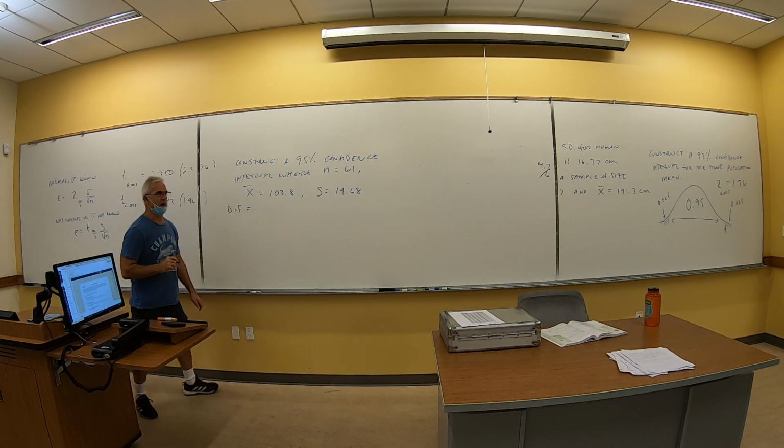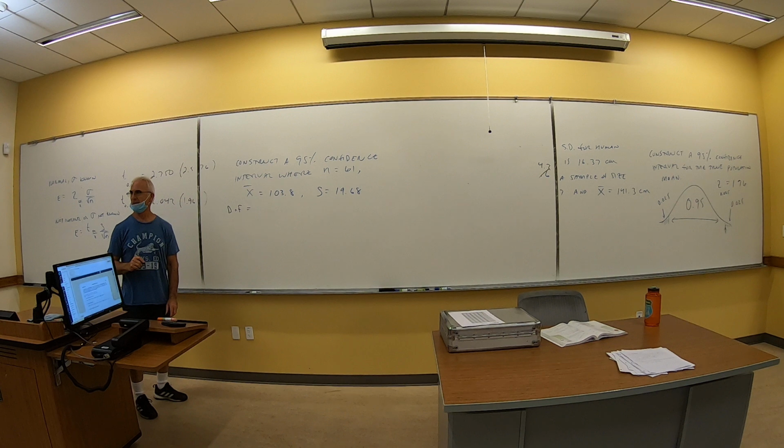It's a complicated calculation, I know. If you're having to think about it, that means you've tuned out the last 15 minutes of the lecture. What is degrees of freedom? It's a formula. I'll give you a hint: it starts as n minus 1.